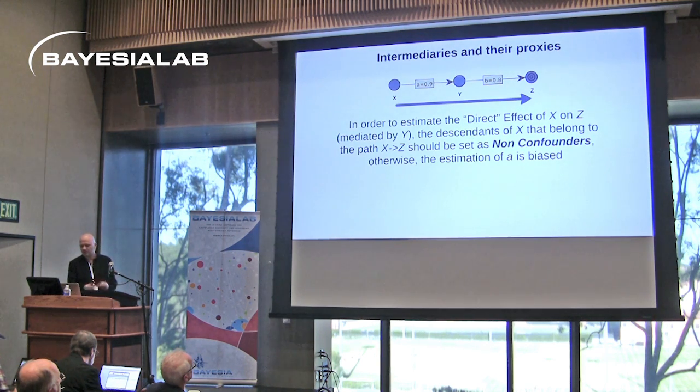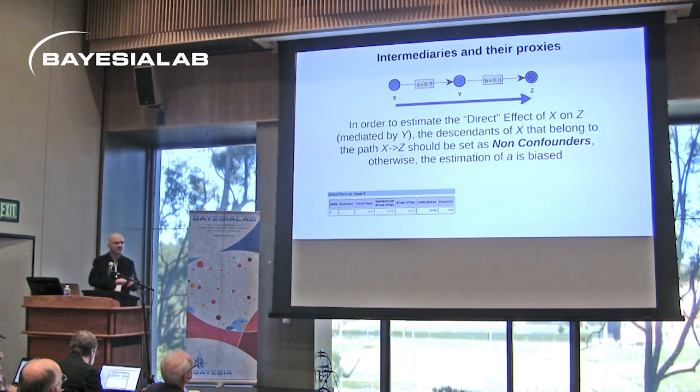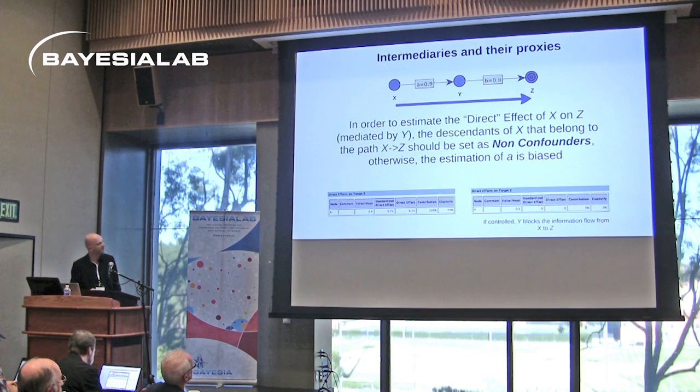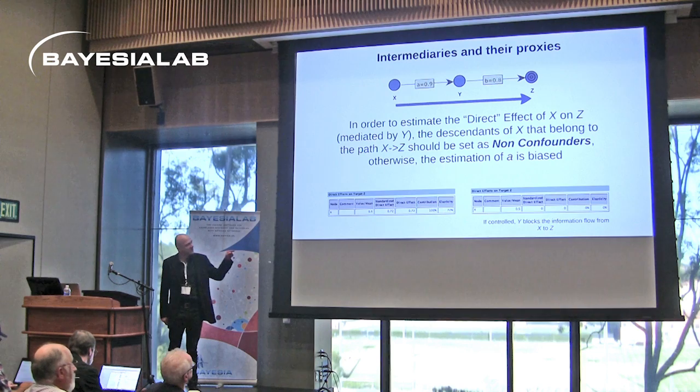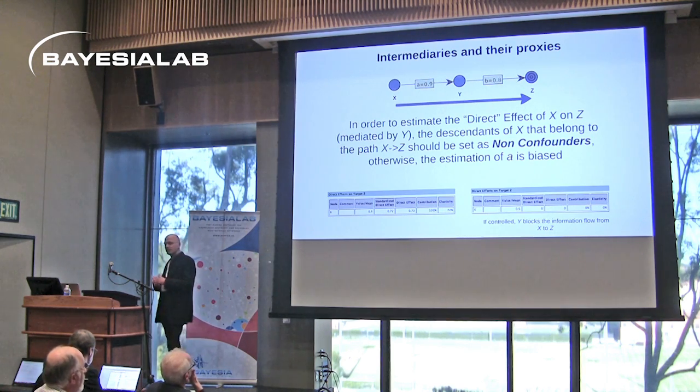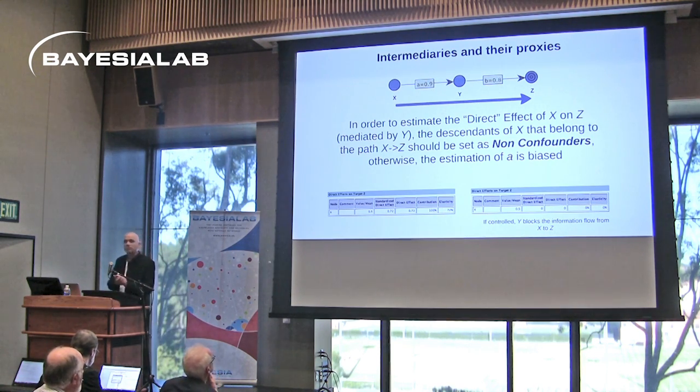If I condition on y, I will obviously cut the information flow, and then I will not have any effect of x on z. So if I do not set y as a non-confounder, the information will be absorbed, and I have a zero direct effect.